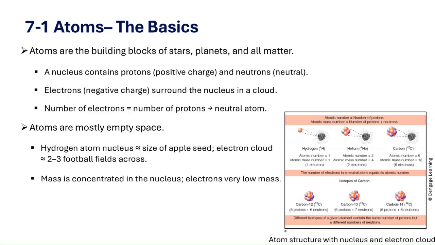So if you scale both up by a trillion, that means 10 to the power 12, to make them easier to picture, then the nucleus becomes 1.7 millimeters, about an apple seed. And the electron cloud becomes 240 meters across, a couple of football fields.